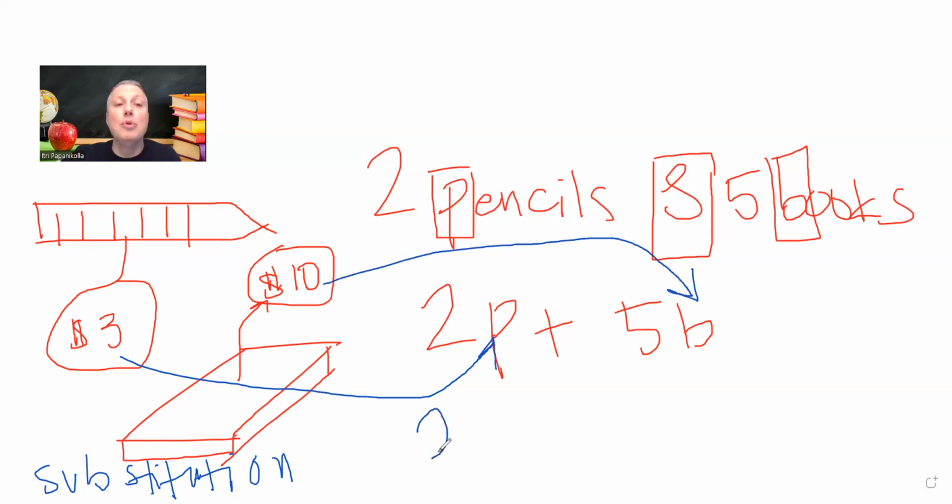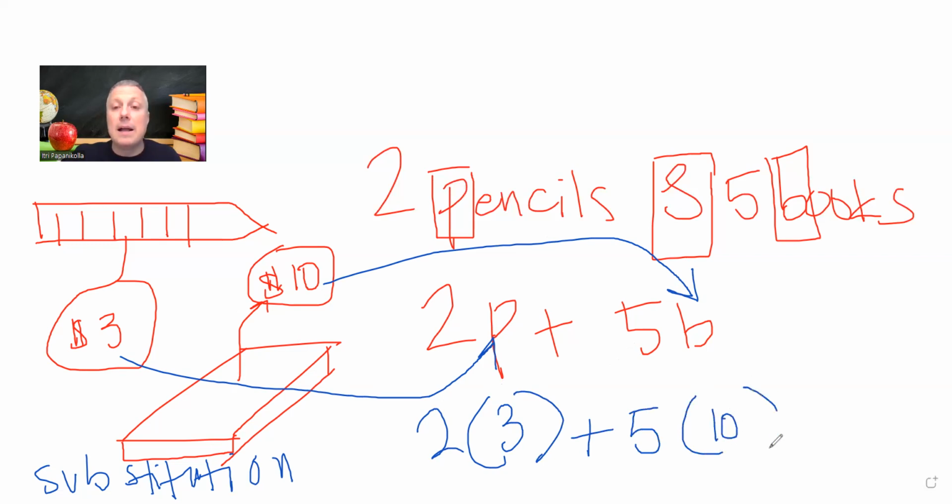So we have 2 pencils, each pencil is $3, plus 5 books, each book is $10.